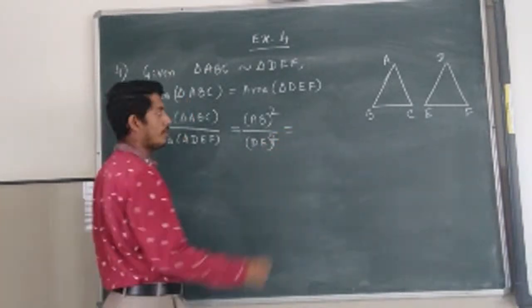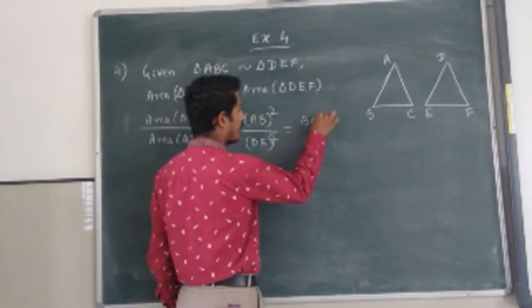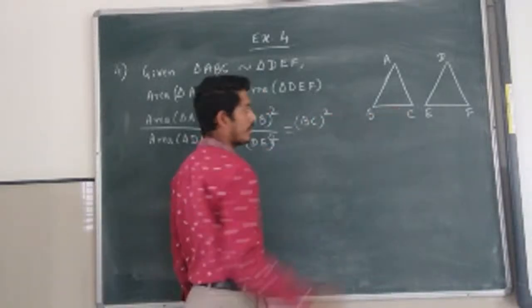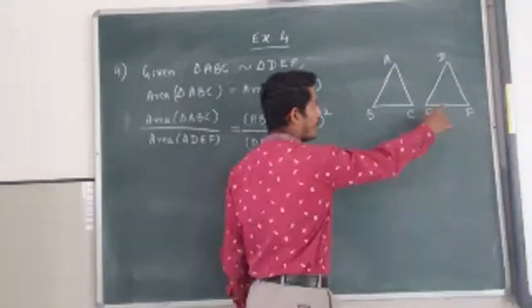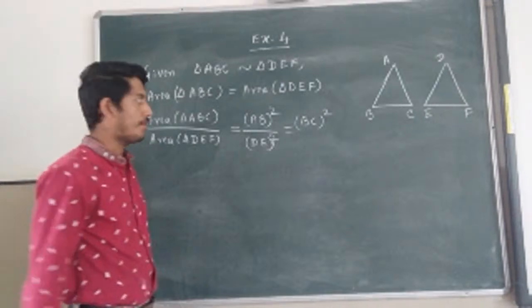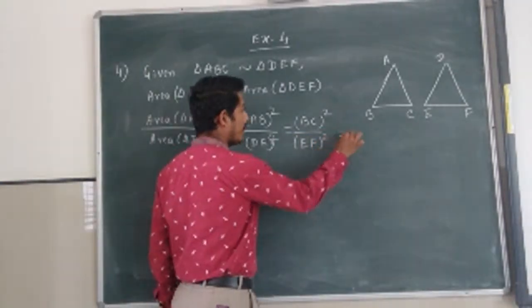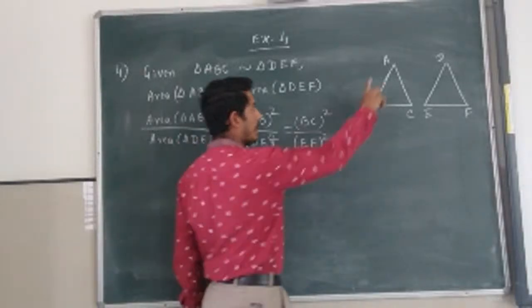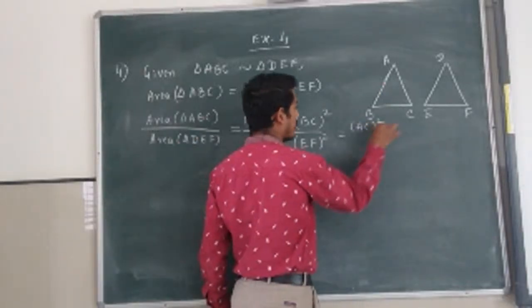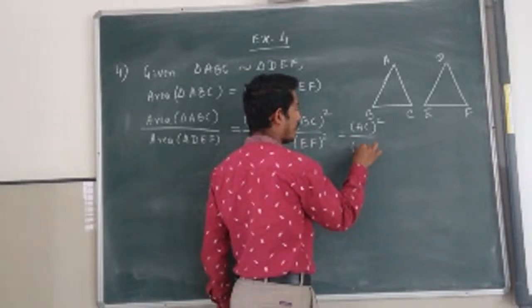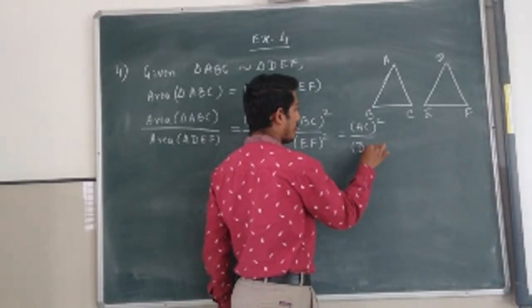AB and DE are corresponding sides. The second side is BC, so BC square divided by EF square, equals the third side: in the first triangle AC, so AC square, and in the second triangle DF.